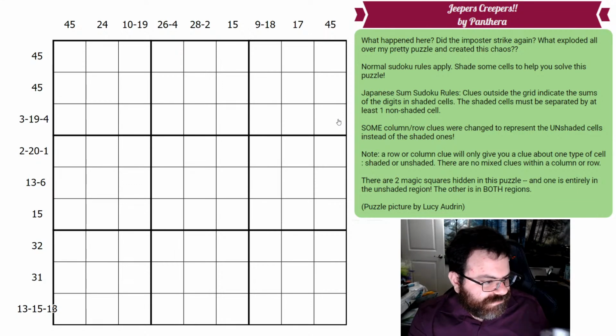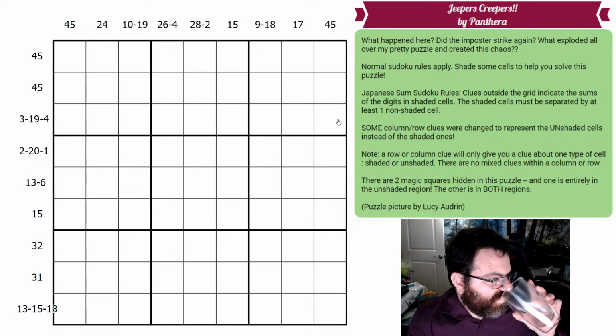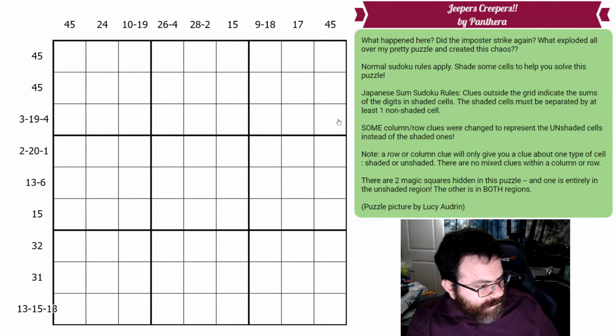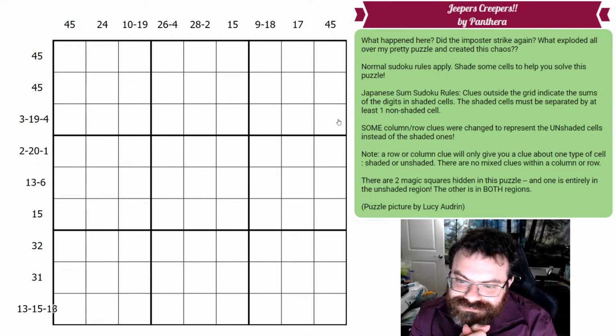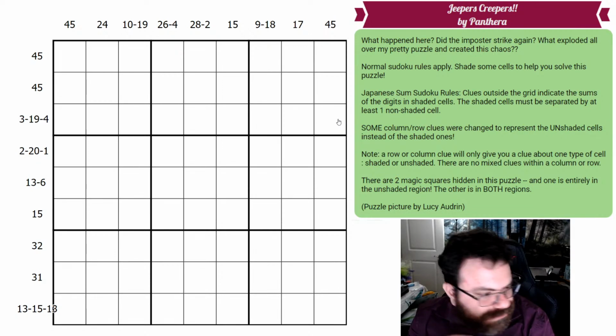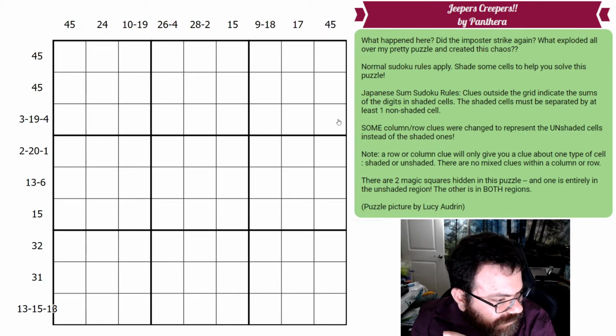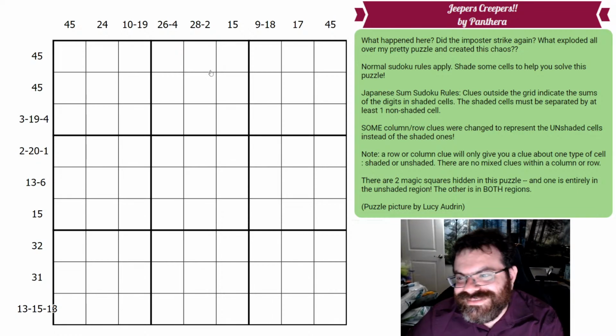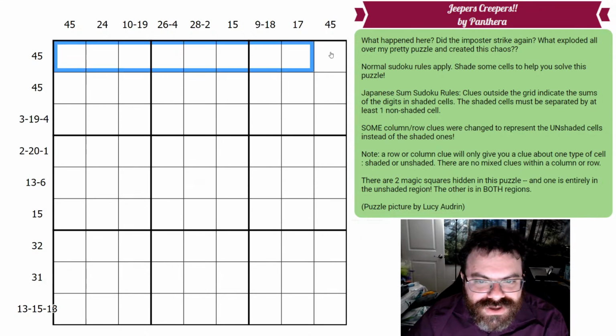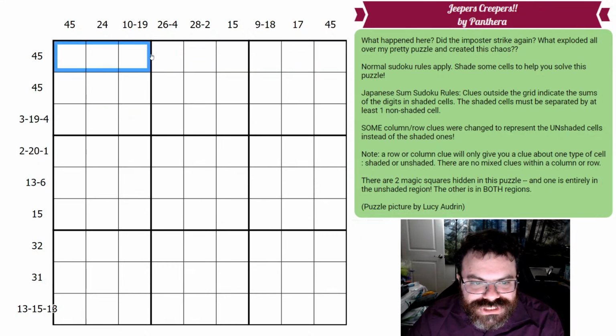All right, so we know that one whole row is either shaded or unshaded here.